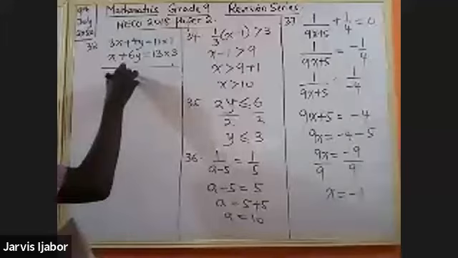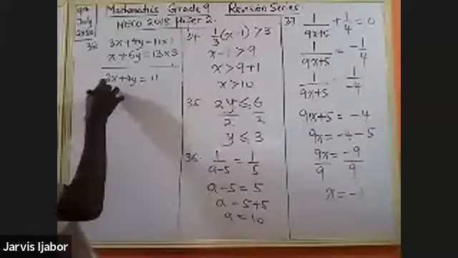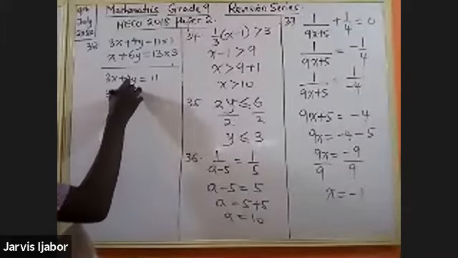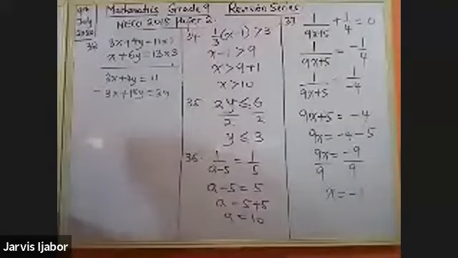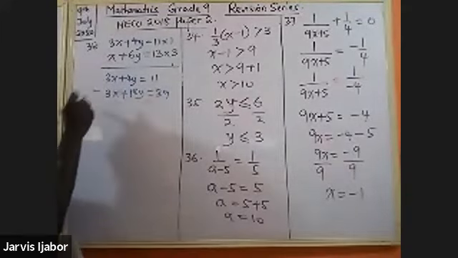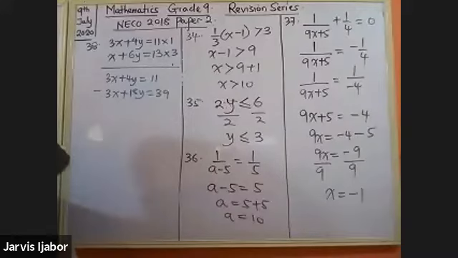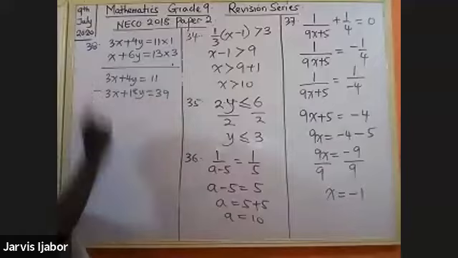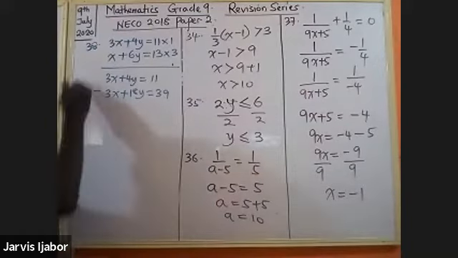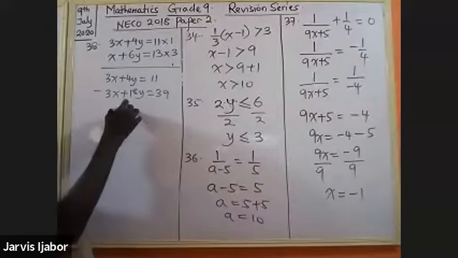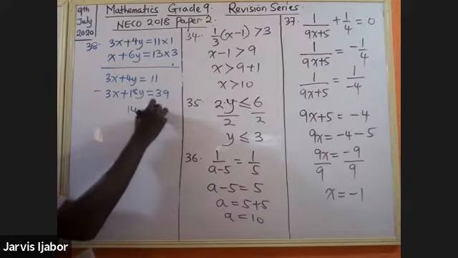3x plus 4y equal to 11. 3x plus 18y equal to 39. And I've told us a number of times, when you're subtracting, you've been told before that it is top minus bottom. No, you can also say bottom minus top. So how do you do that? This minus this will give you 14y equal to 28.